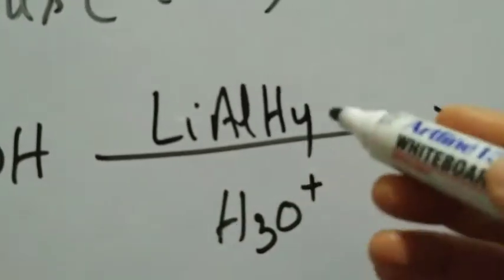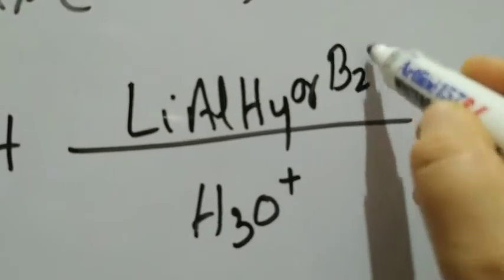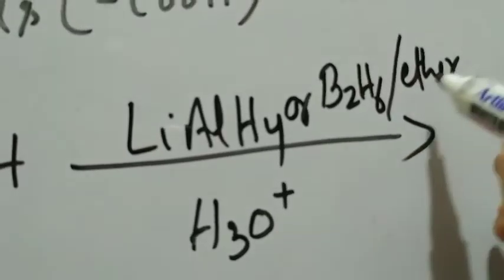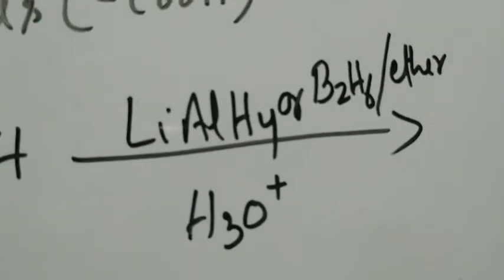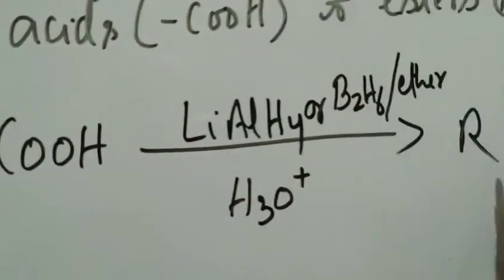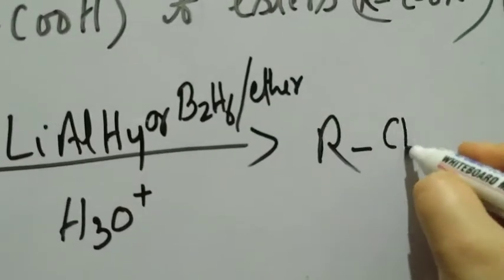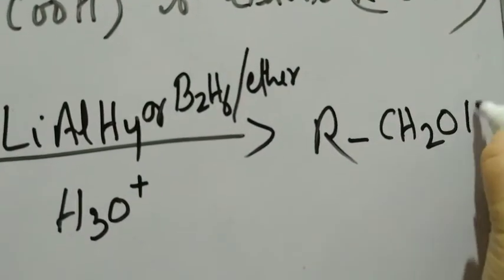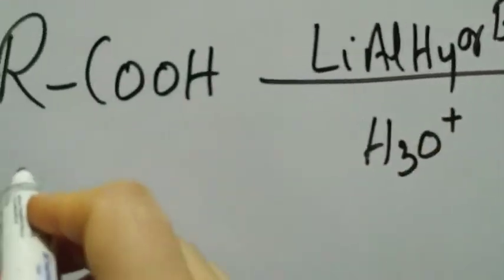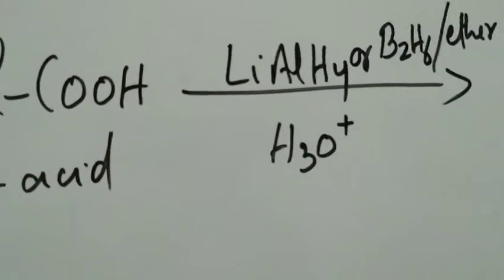In fact, we can also use another reducing agent here, B2H6, diborane, as an ethereal solution. For the aliphatic group R, the COOH gets reduced, and what we get is RCH2OH, an alcohol formed from a carboxylic acid.